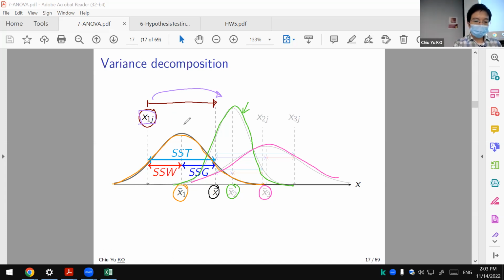First, you can travel to the mean of your group, which is called SSW, because you just care about the within difference. This is the first step. This is the third one. And then you can go one more step, which is called SSG.